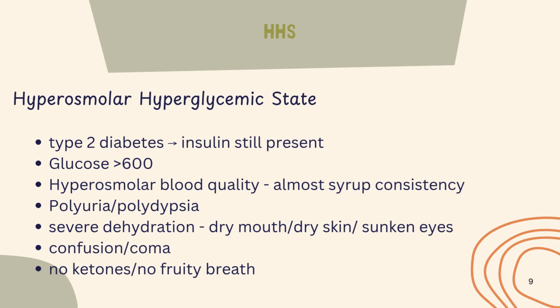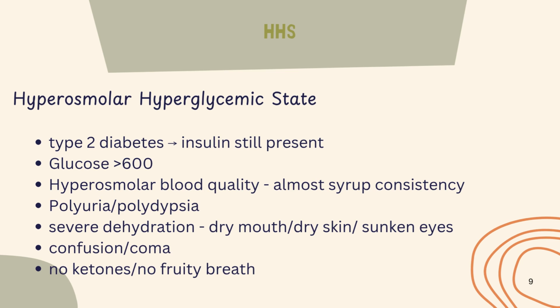It prevents that full breakdown of fat, and there's no problem with acid, like in DKA. But the blood sugar goes crazy high. So in hyperosmolar hyperglycemic state, it can be over 600, and sometimes more. When sugar levels get that high, it basically sucks a ton of water out of the body in the process that we already mentioned.